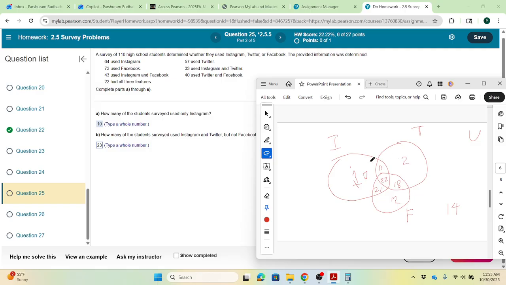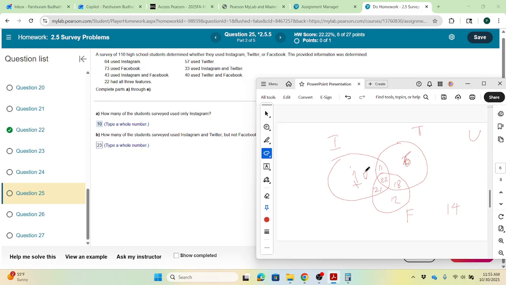Let me just do the calculation again. 22 plus 18 is 40 plus 10 is 51, 52, 53 use Twitter. So this is not 53, that's 57. So the Twitter has to be 57. So 51, it's supposed to be 6.